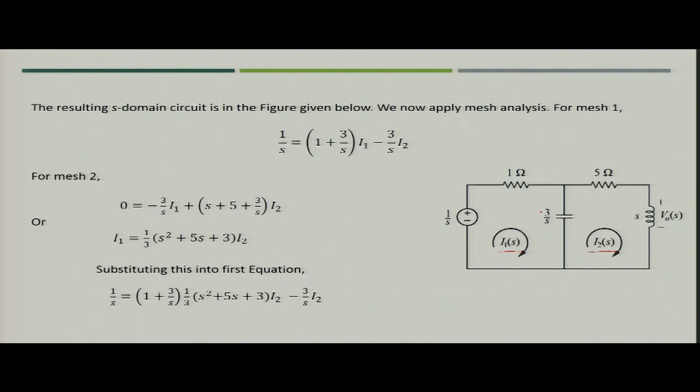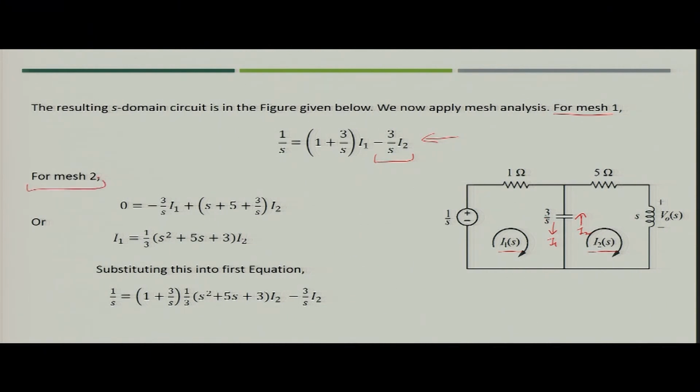For mesh 1, you can write the equation as given in the slide, that is 1 by S equal to (1 plus 3 by S), that is the total sum of impedance of the circuit, into I1, that is the current flowing in the mesh, minus 3 by S I2, because for the capacitor I1 is in this direction and I2 is in opposite direction. So, you will get another term minus 3 by S for I2.